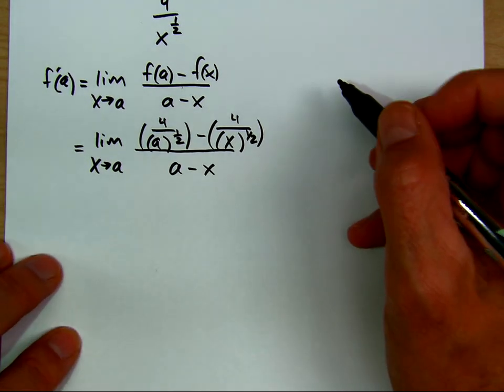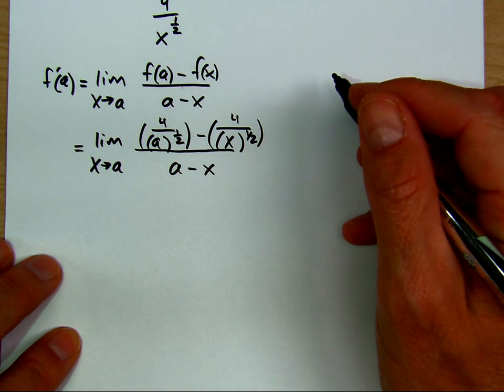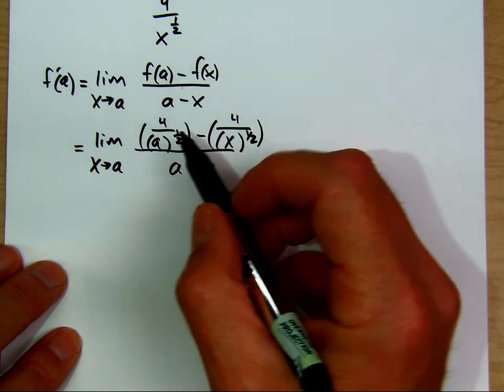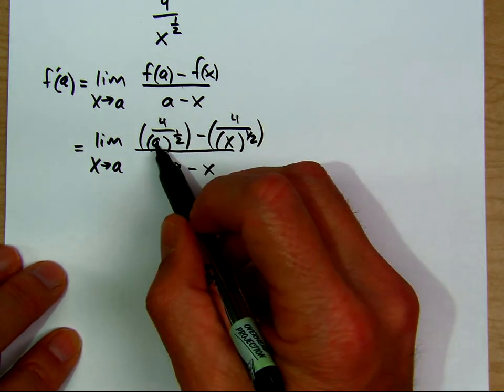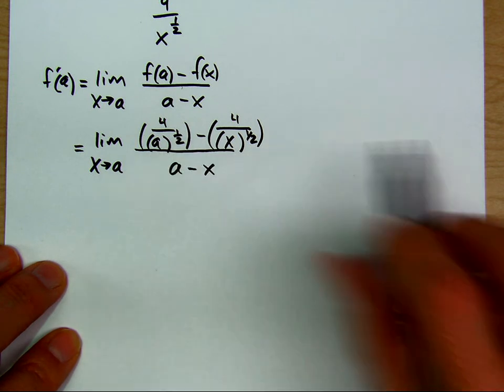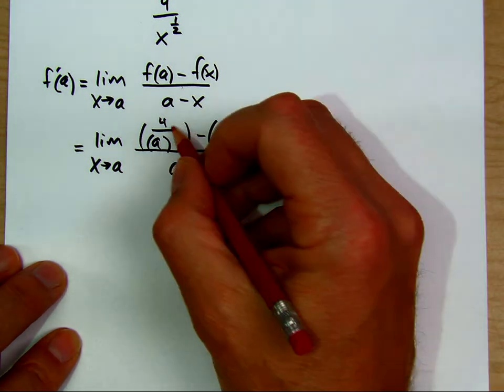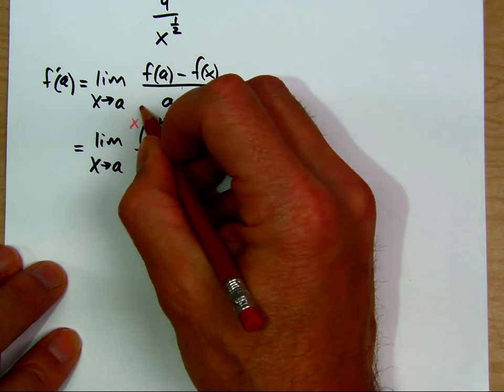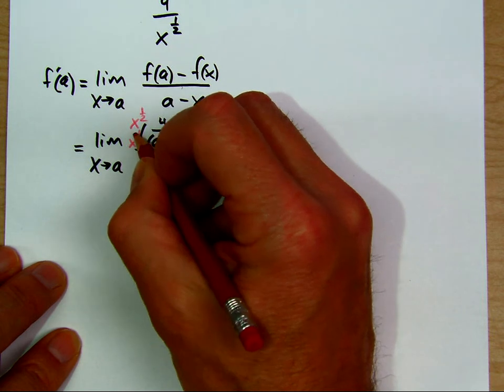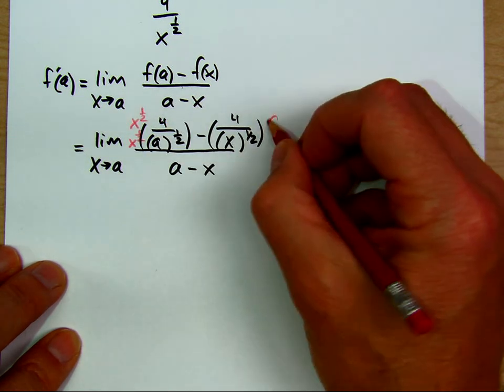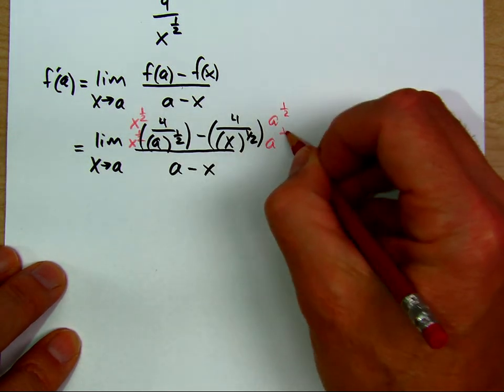Let's get a common denominator. Here, we need to have a to the 1/2, x to the 1/2. So let's multiply this by x to the 1/2 over x to the 1/2. We'll multiply this by a to the 1/2 over a to the 1/2.